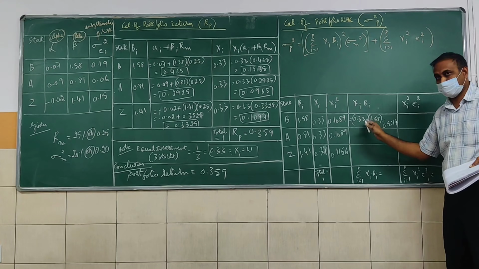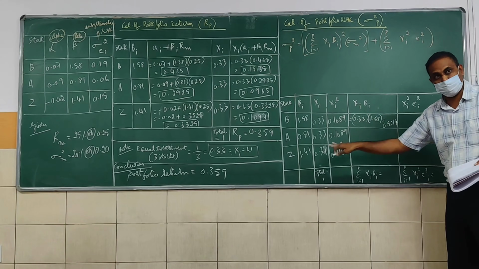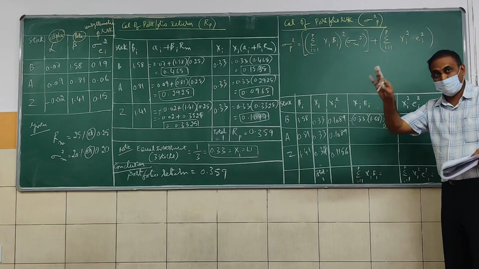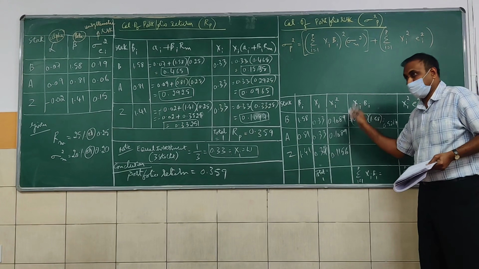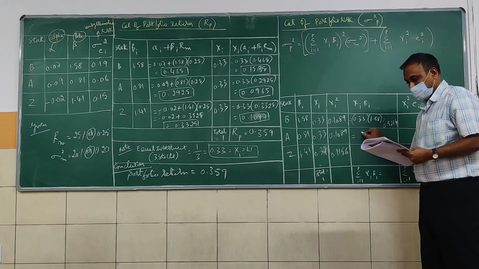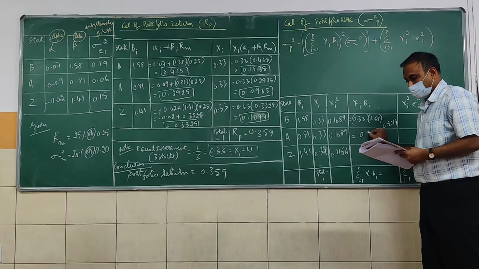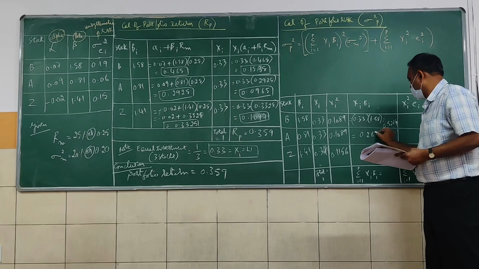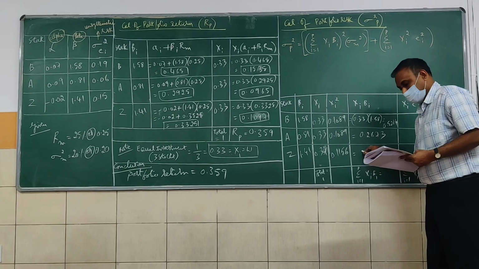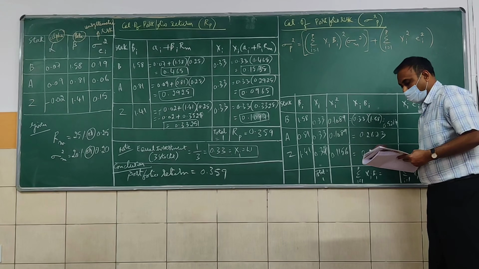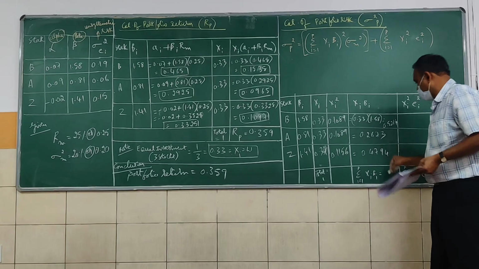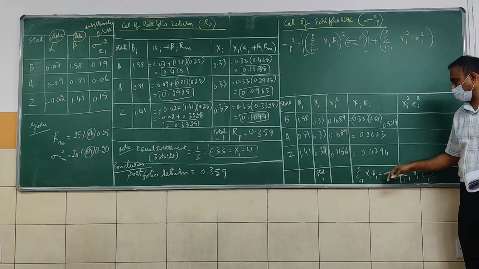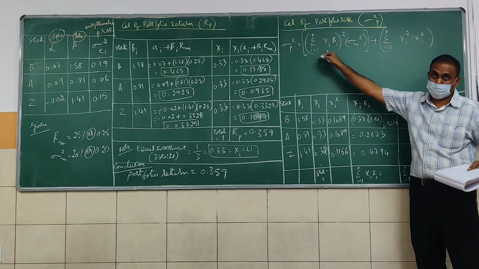If you want, you can substitute or straight away you can calculate and put the value there. If you are good enough, no need of substitution, multiply and put the value straight away. 0.2673. 0.4794. Add all the three values.